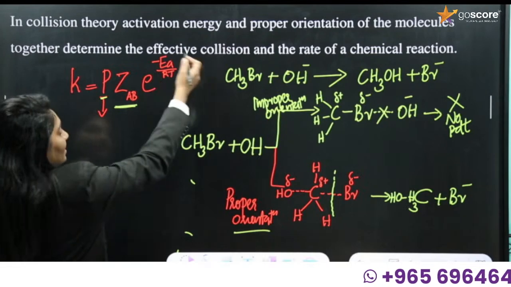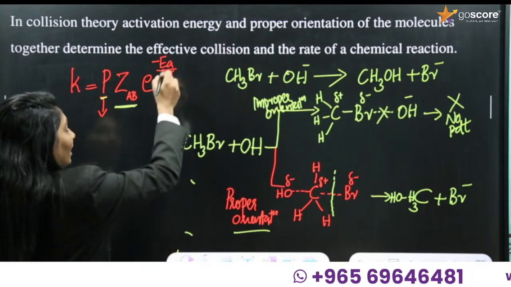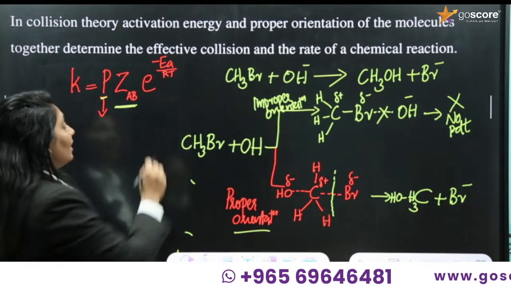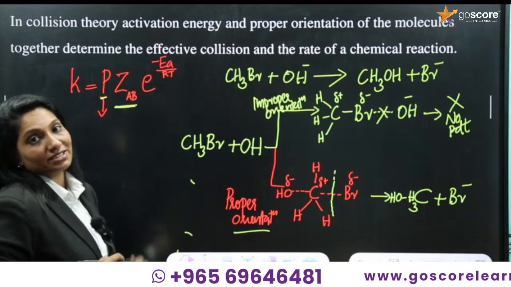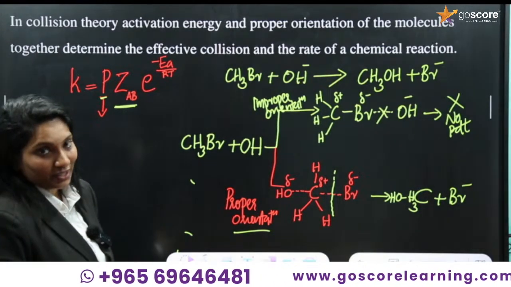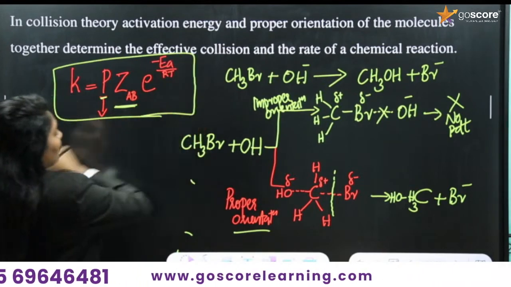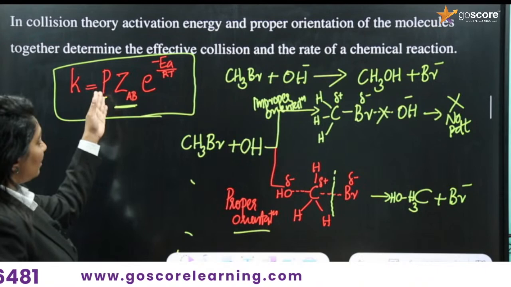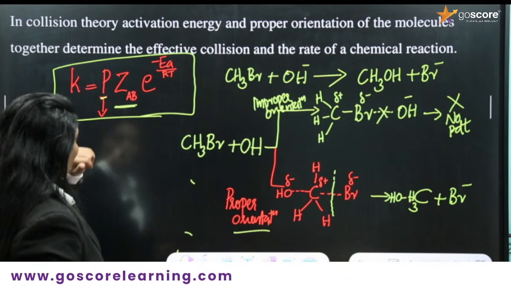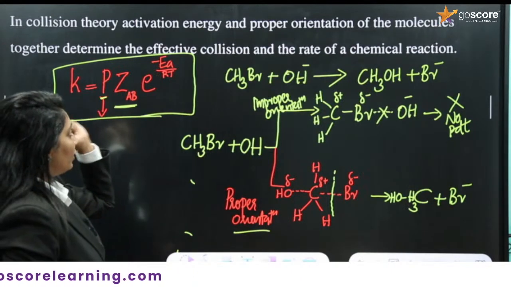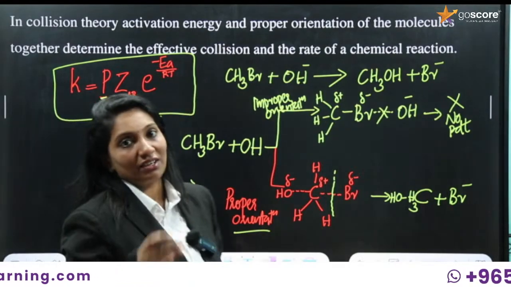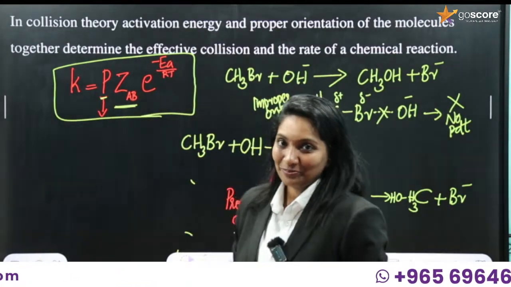These terms we are familiar with now: EA is the activation energy, R is the gas constant, and T is the temperature. So according to collision theory, this is the equation that relates the rate constant to the proper orientation, collision frequency, activation energy, gas constant and temperature.